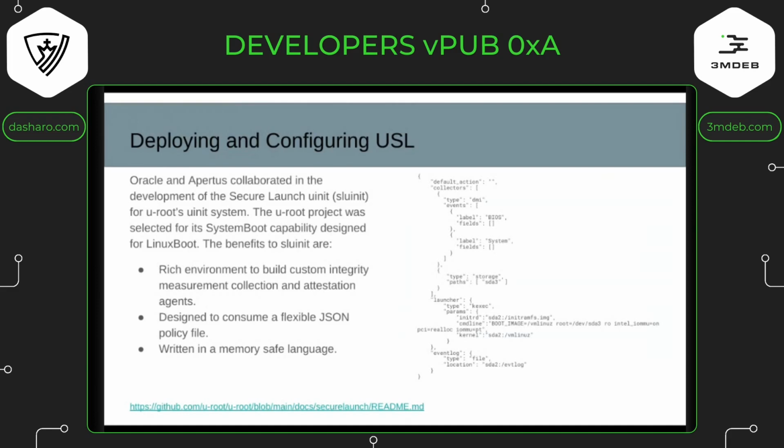And in this policy file, it allows you to control what you want USL to measure on your target system. The capabilities we put in there for Oracle's needs include being able to read DMI and measuring any aspect of the DMI information, so the SMBIOS information.